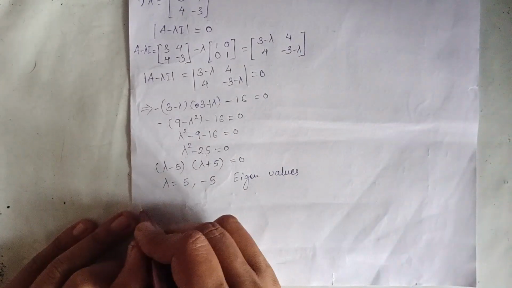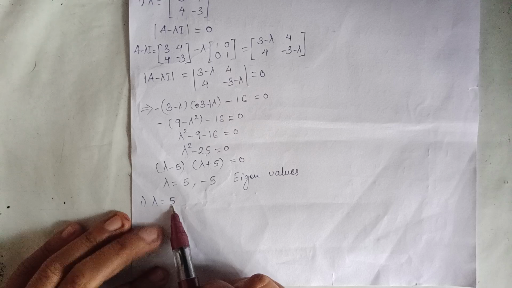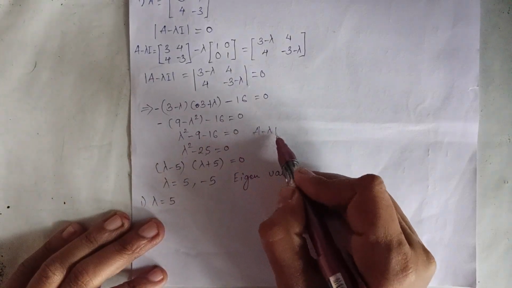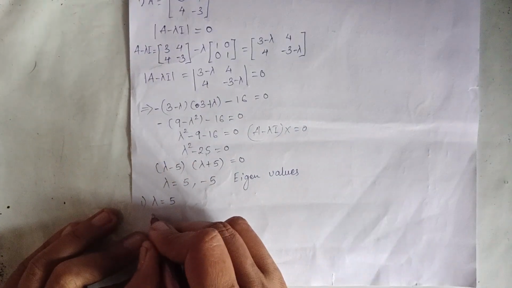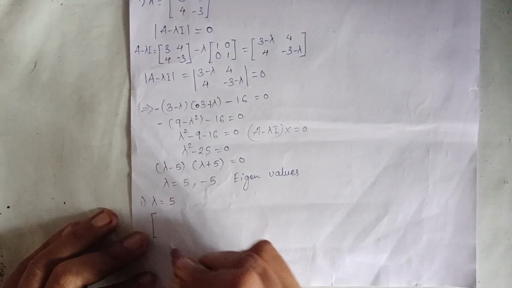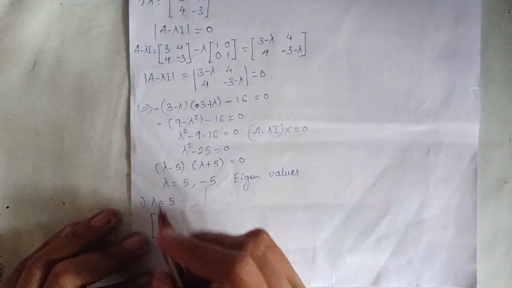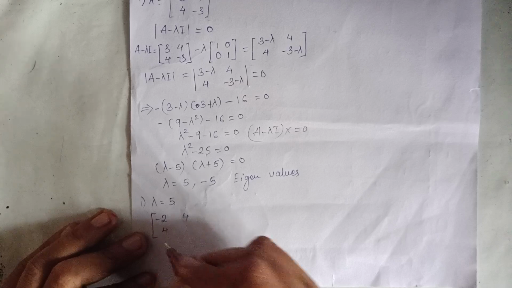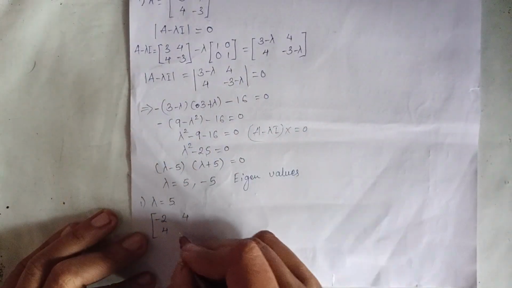Now we have to make use of these values to find eigenvectors. Okay. So first I'm taking lambda equal to 5. So put this in the equation A minus lambda I into x equal to 0. Okay. So this we have to write A minus lambda. So 3 minus 5, so this is minus 2, minus 3 minus 5, so minus 8.